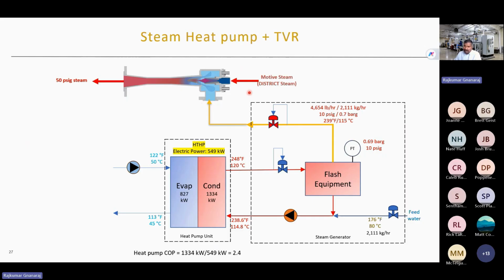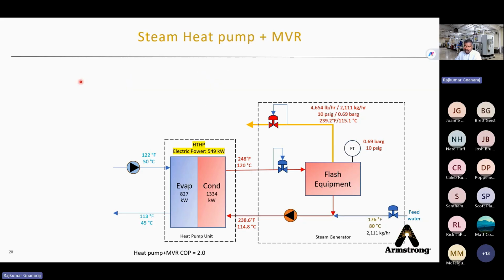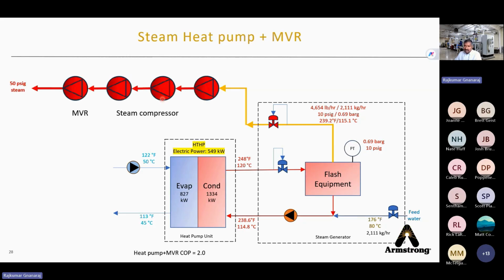Imagine there is a district steam available near the campus. We can take a high pressure steam, maybe 150 psi or 200 psi, and use that in the thermocompressor to compress this 10 psi steam to 50 psi. Or you can use a steam compressor, the MVR, mechanical vapor recompression compressors, to boost it from 10 psi to 50 psi.